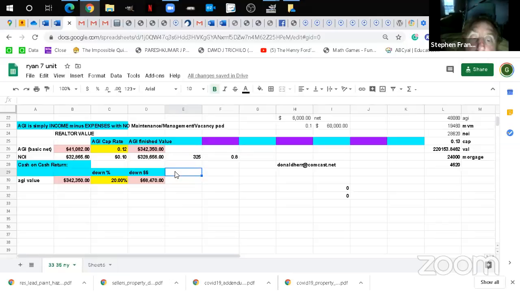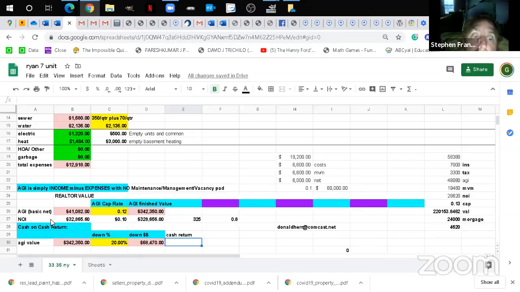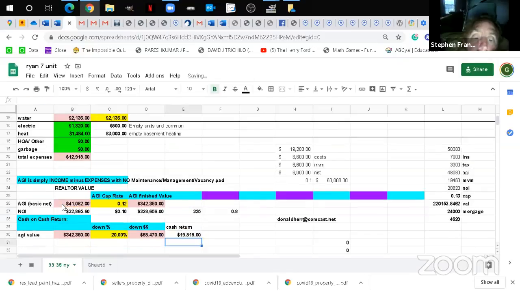Your cash return is your AGI minus 12 times 1772 from the mortgage calculator. Boom. So then it's this over that is your cash on cash return.